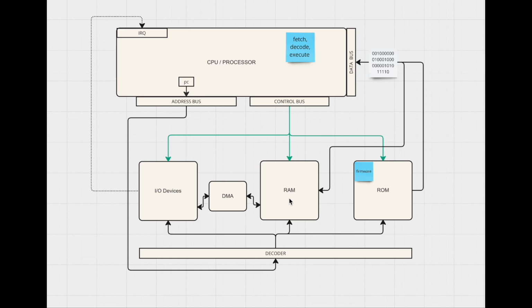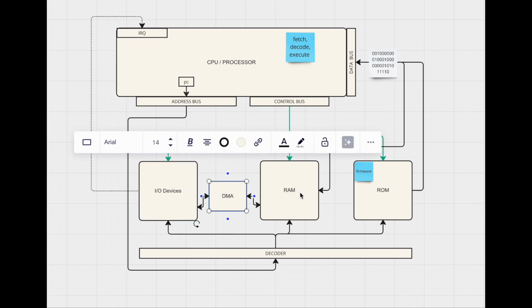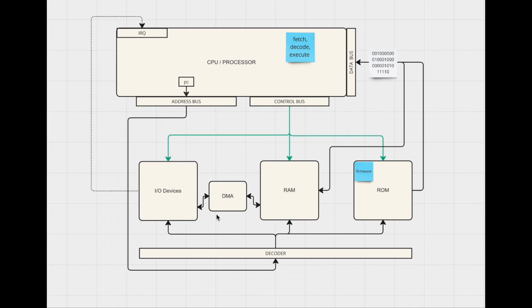And when it's done doing this, or while it's doing this, the CPU can actually do other stuff and perform other operations while the I/O device is interacting with the RAM.